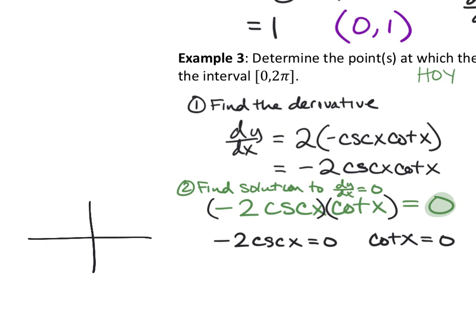It's the one that kind of looks like this. Something like this. So will this ever be equal to 0? No. So this one, we have no solution. That's nice.